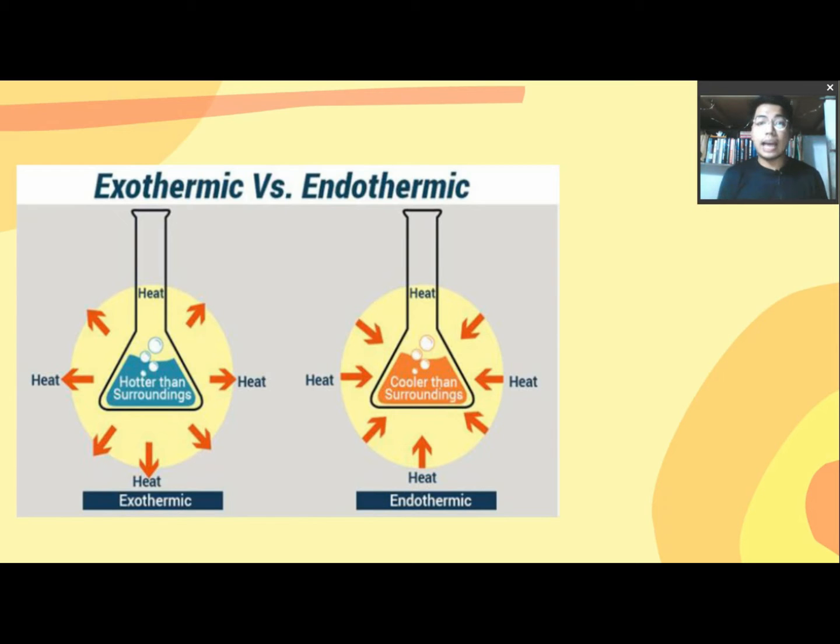So what process happened when you left those cooked instant noodles on the table? The reason why it cooled down is because the energy present in the instant noodles simply diffused into the environment. It moved from the instant noodles to the environment. That is the reason why it cooled down. So that is the application of an exothermic process.